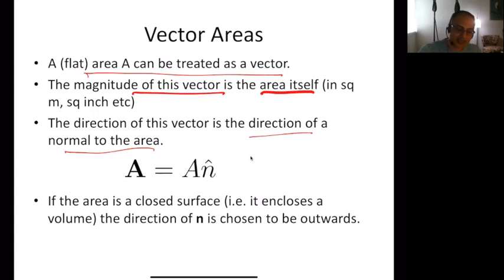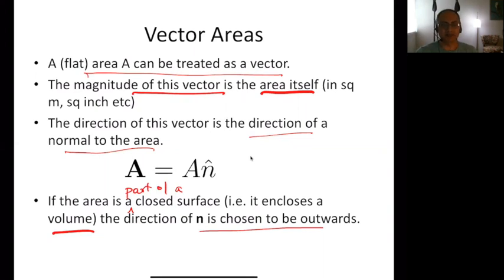And the rule is that if the area is part of a closed surface, that means it encloses a volume, then the direction of n hat is chosen to be outwards.